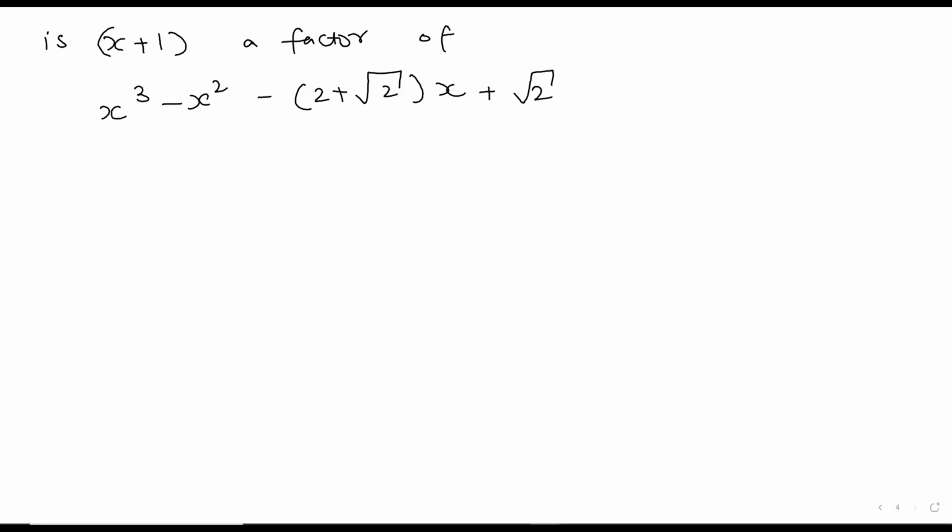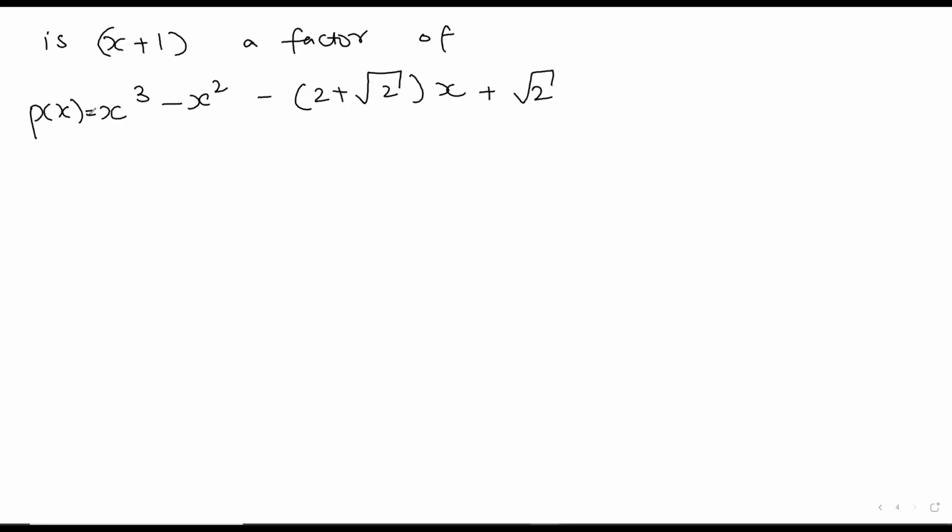All right. So yeah, is x plus 1 a factor of this whole deal? So basically this becomes our p of x, right? Now what do we do? Ma'am, p of x is minus 1.